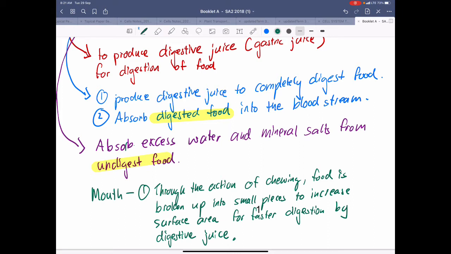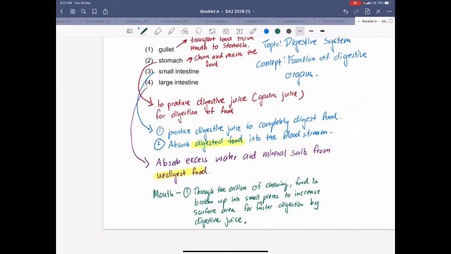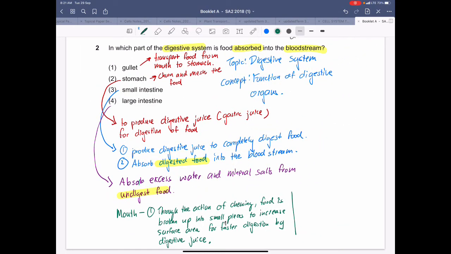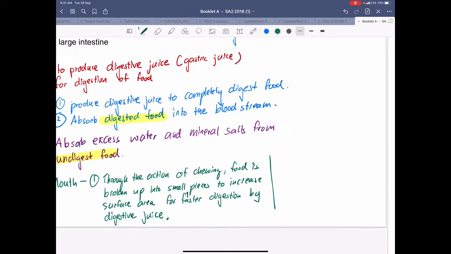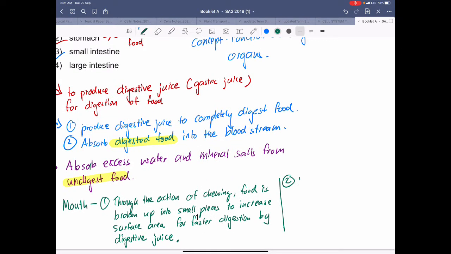Now there is a second function. I do not have space, so I'm going to put it here. The second function of the mouth is that it produces digestive juice to digest food. Just in case you don't know, the name of the digestive juice is saliva.